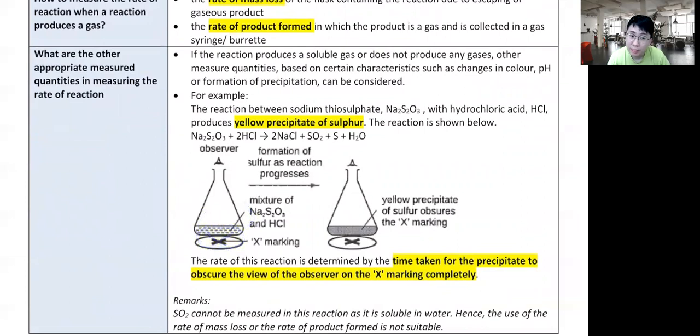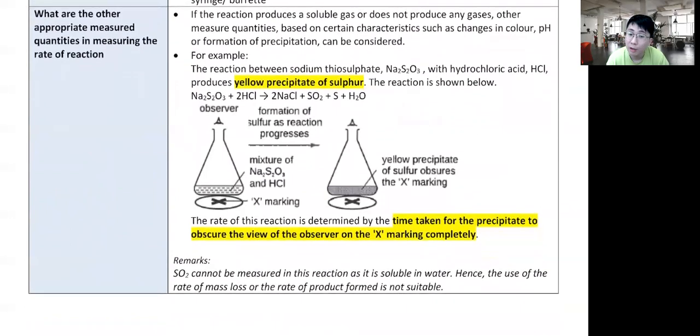When I carry out this experiment, the moment you form sulfur, the sulfur will cover up the X mark, because you look from the top. So eventually when the sulfur is produced, it will cover up the X mark from the top view. Then you stop your stopwatch. You know how long it will take to actually produce the sulfur, how long it will take for the X mark to disappear.